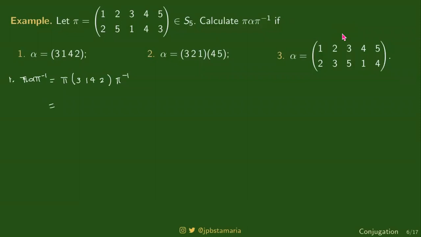So, ibig sabihin, dahil ito'y 4 cycle, ang conjugate na ito, kahit na ano yung pi na yan, will also be a 4 cycle. But which 4 cycle is that? According to the proof that we have presented last time. Kaya mahalaga nagbabasa ng proof.